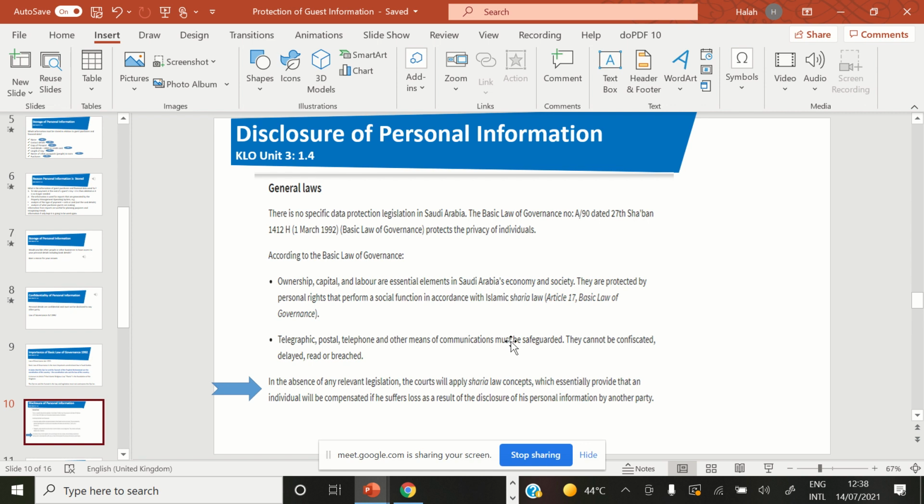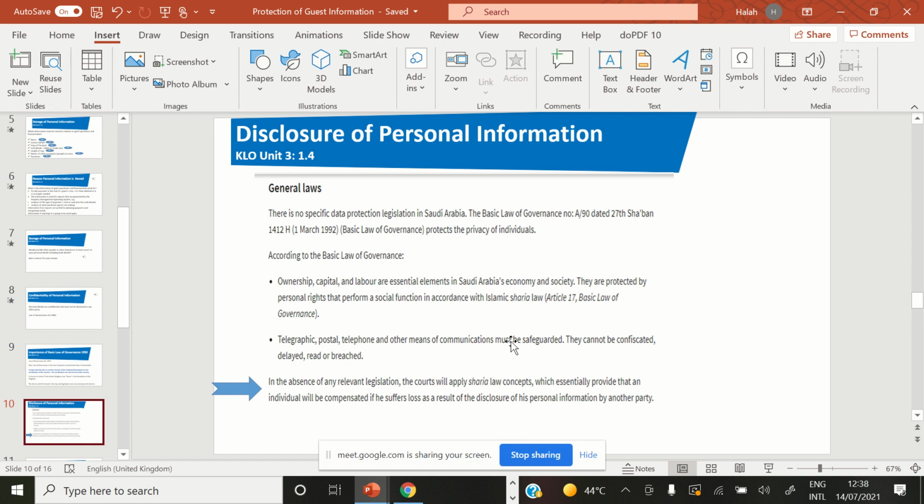They are protected by personal rights that perform a social function in accordance with Islamic Sharia law. So all the information of the people must be kept in a secure way. They have the right to use it to create trends and reports for the telegraphic, the postal, the telephone, and other means of communication.